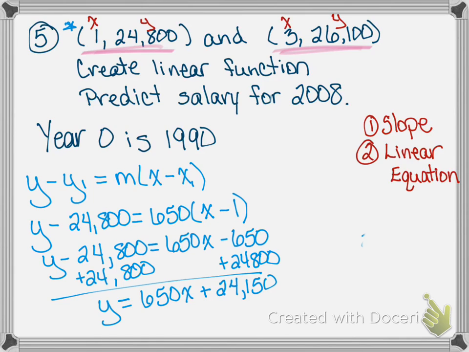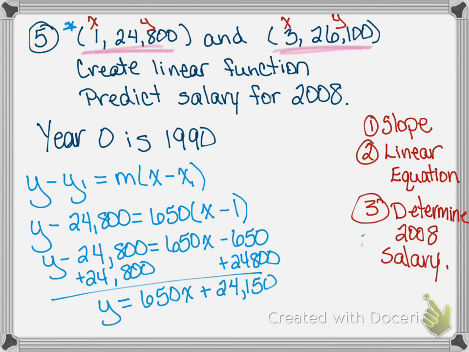The third thing that I now need to do is predict the salary in 2008. Okay, so determine based on this model the 2008 salary. Can I erase the blue? Because we're going to do step 3 now.